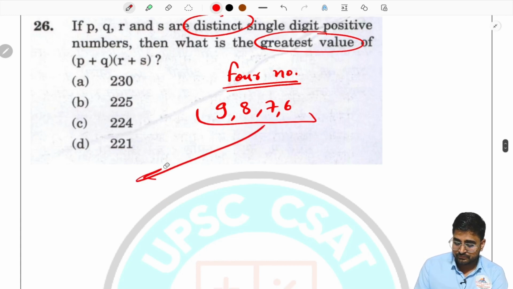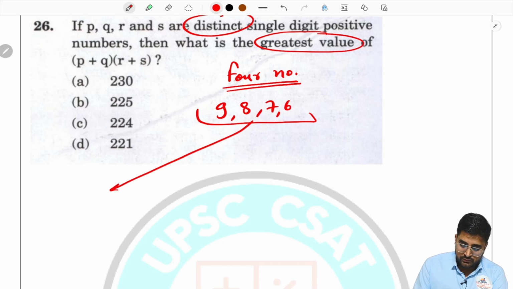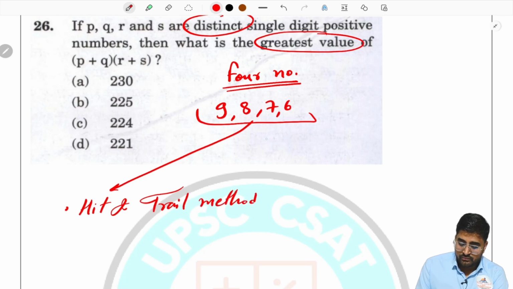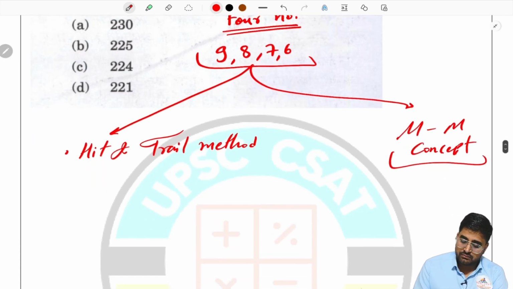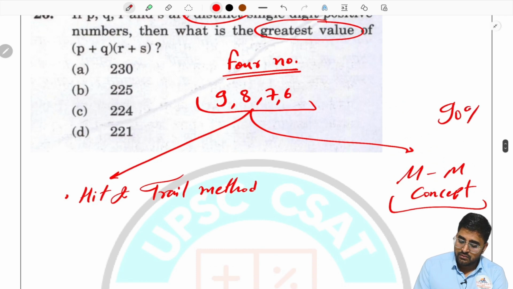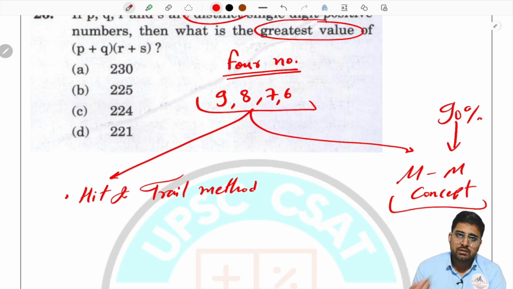Now, you can do it from the hit and trial method, and the second one is your maxima minima concept. Basically, both are the same, but 90% of the people do not know this. And do we need to learn these kinds of things for the CSAT examination?